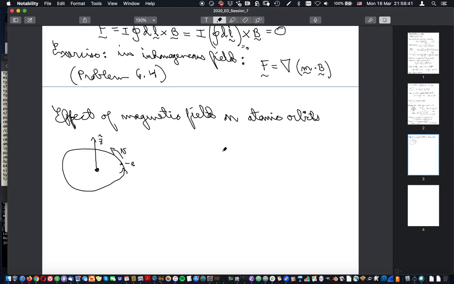Let me just refer you to Griffiths for the actual numbers. So let's see, in my version of the book, this is section 6.1.3 for the discussion here. But I just want to say a couple of things on this.